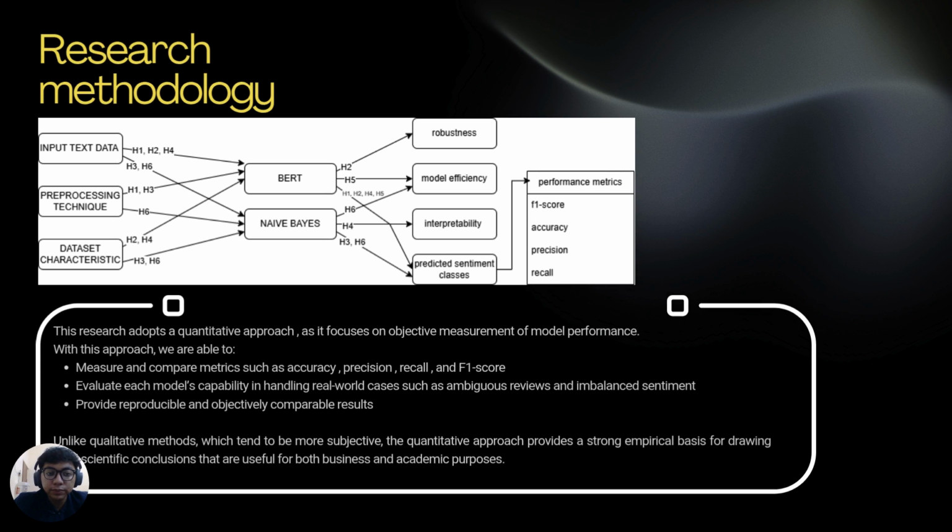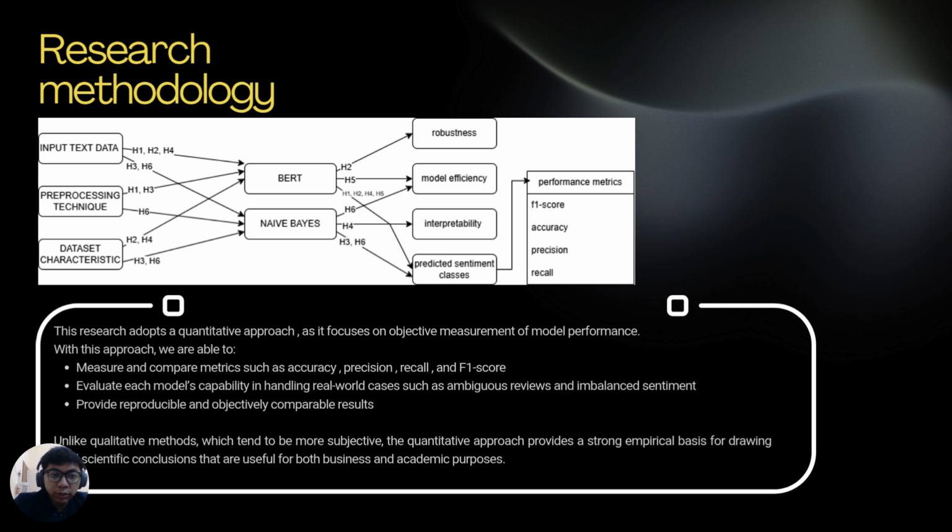This research aims to address these gaps by providing comprehensive evaluations and practical implementations of these models in a real-world environment. For our research methodology, we use a quantitative approach as it focuses on objective measurement of the models' performance. With this approach, we are able to measure and compare metrics such as accuracy, precision, and F1 score, and evaluate each model's capability in handling real-world cases such as ambiguous reviews and imbalanced sentiments.